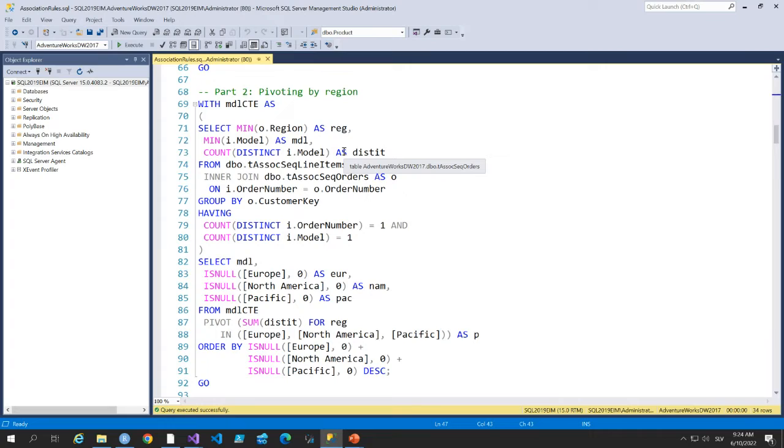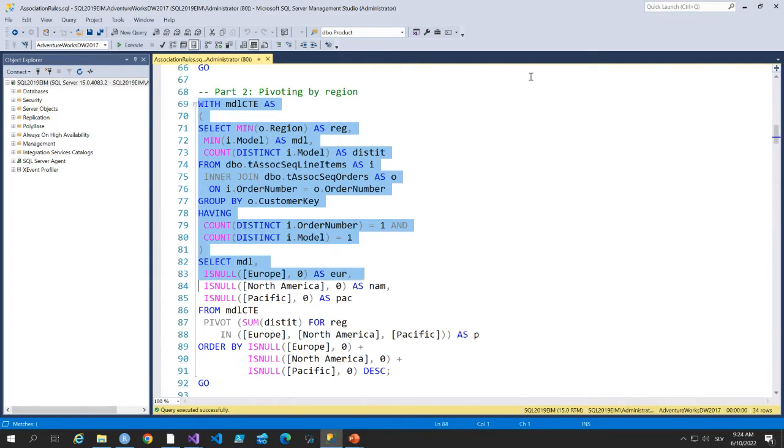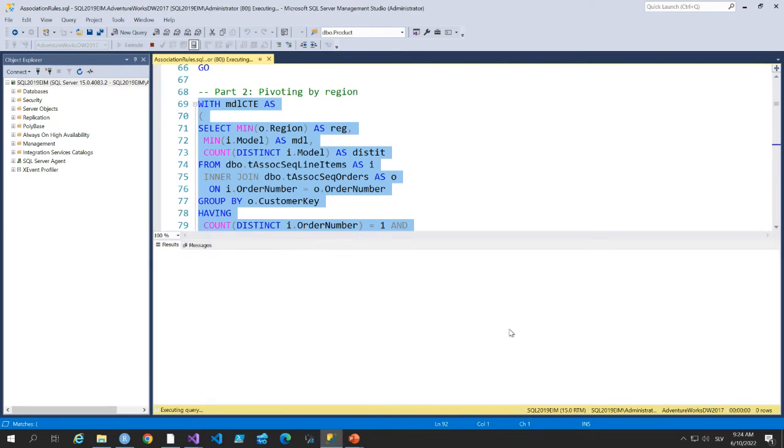Now, since we have in our order this demographic data like region and income group, we can also start analyzing this by other columns. For example, I will also pivot this by region and see the results.